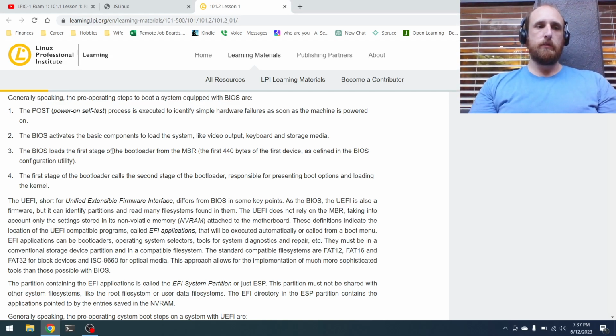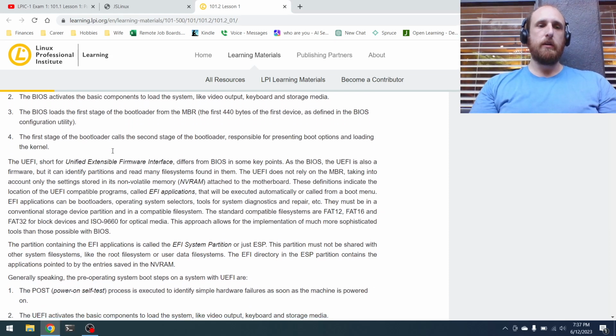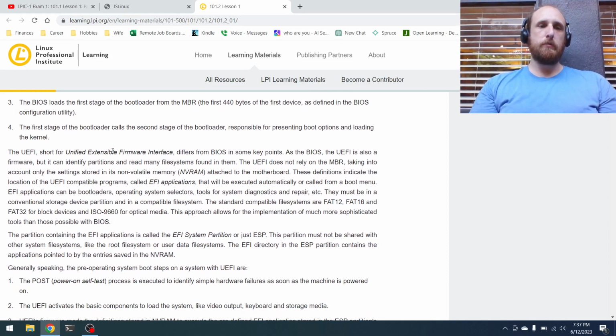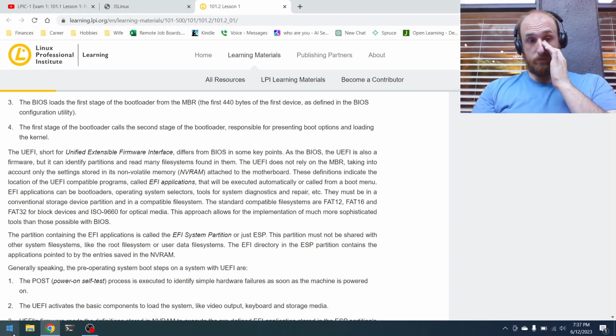Step 2, the BIOS activates the basic components to load the system, like video output, keyboard, and storage media. Step 3, the BIOS loads the first stage of the bootloader from the MBR, the first 440 bytes of the first device, as defined in the BIOS configuration utility.